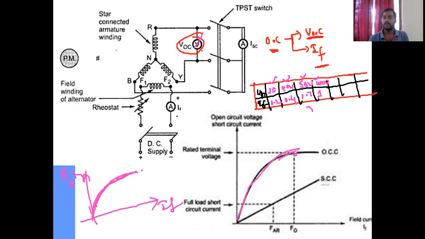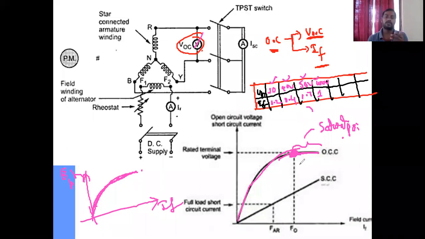Up to a certain point the voltage increases, and afterwards the voltage will be constant. This is called the saturation point, the point where the voltage does not increase.